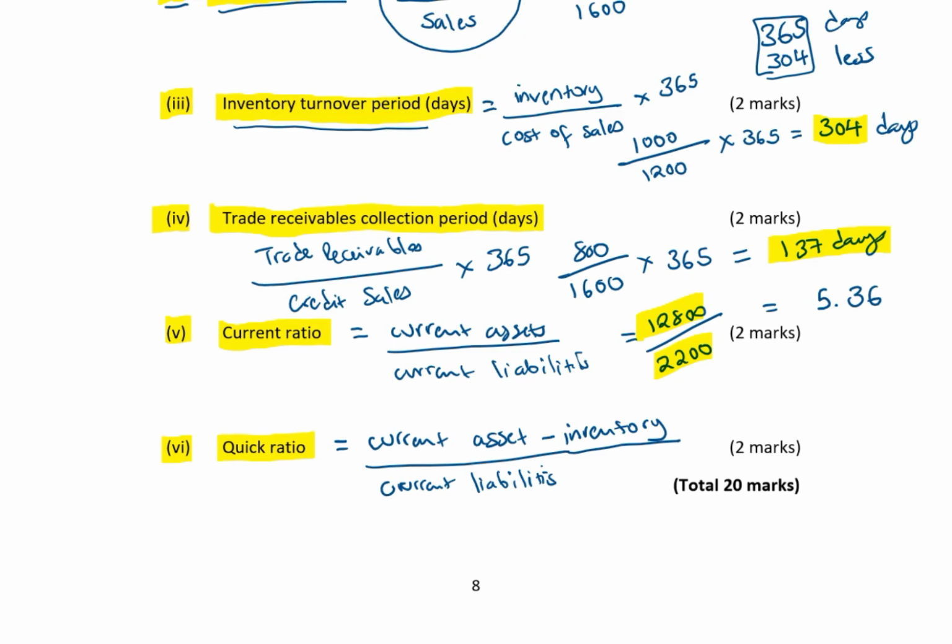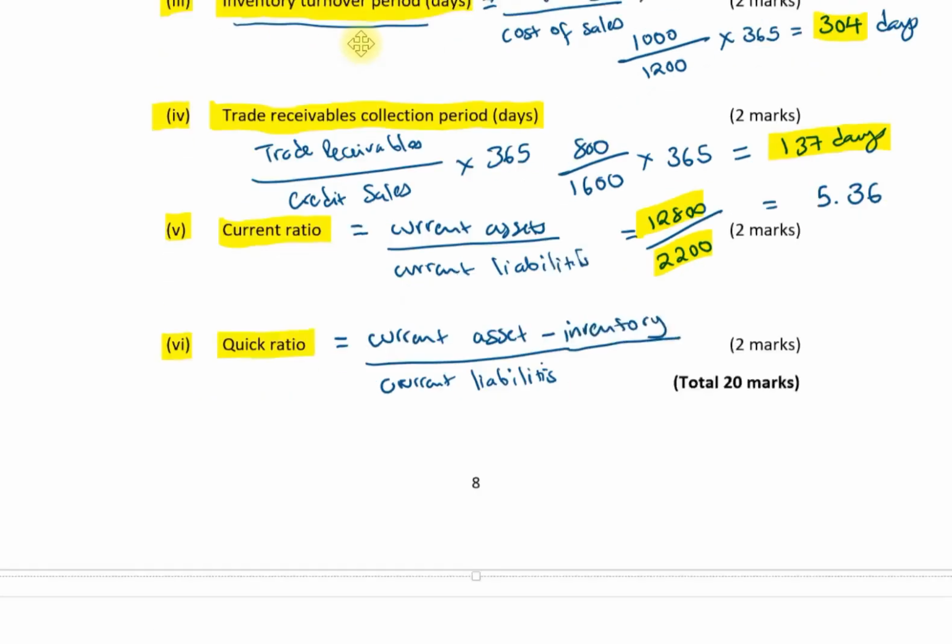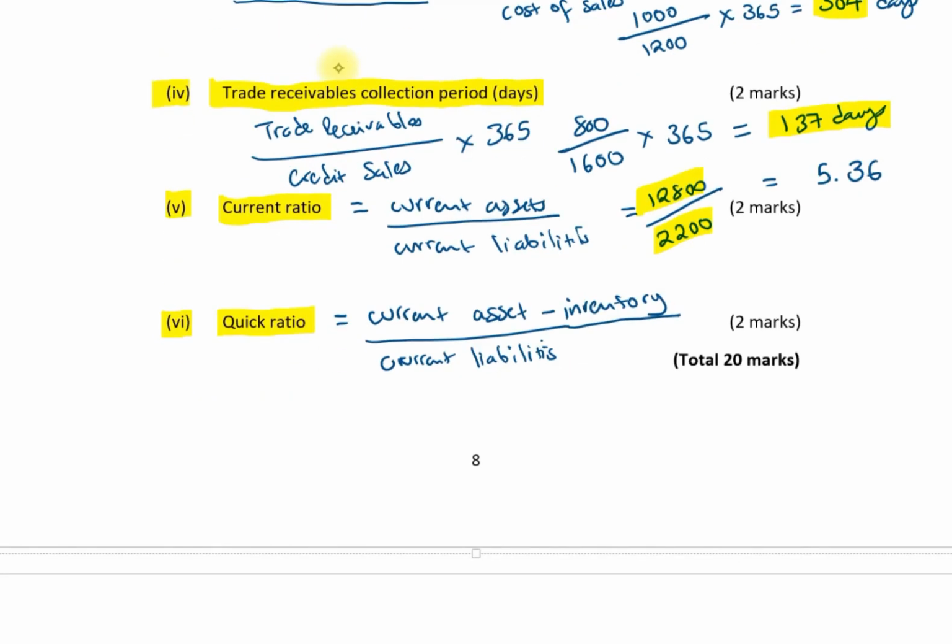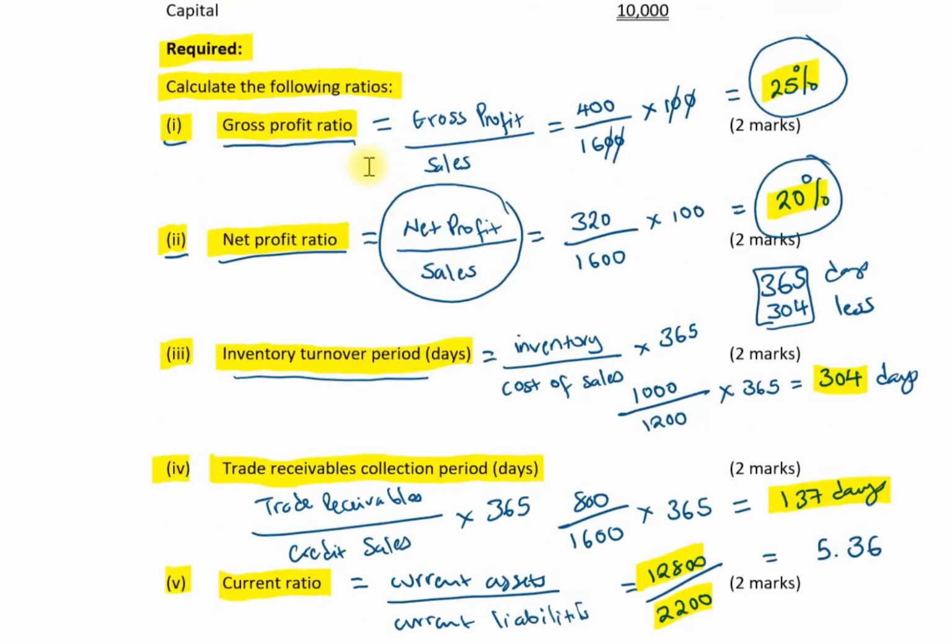Now, it therefore means that we are going to look for our total current assets. Okay, our total current assets were 12,800. So we divide this by 2200. We're supposed to subtract inventory. So we'll go and look for inventory.